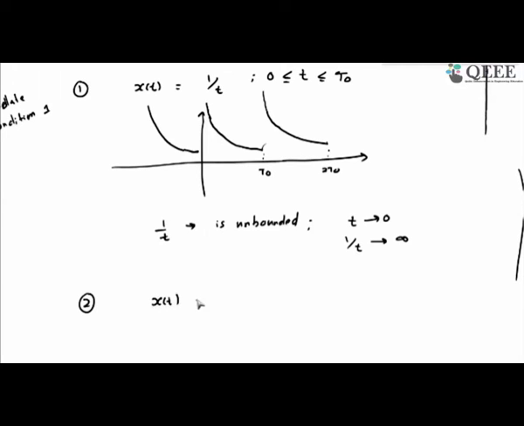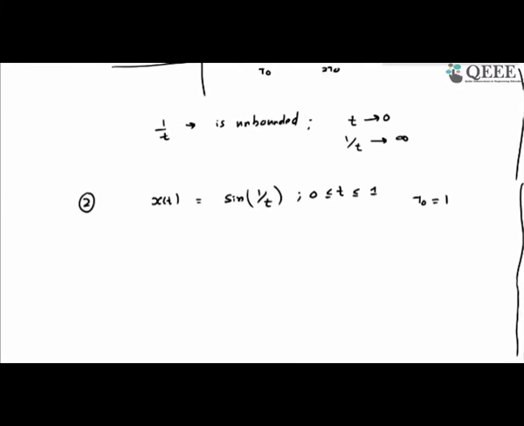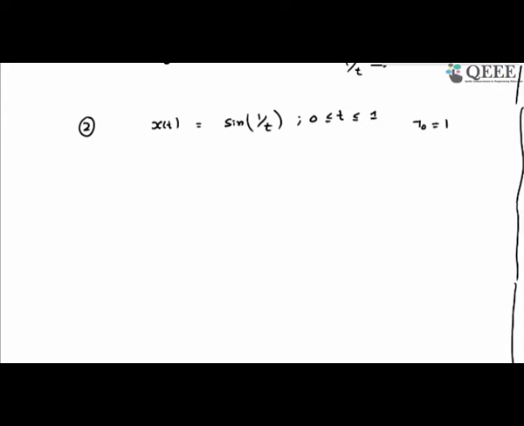Now let us see the second function, x of t is sine of 1 by t, for 0 less than or equal to t less than or equal to 1, and then it repeats. So t naught equal to 1. It repeats after every 1 second. Whatever happens in the first 0 to 1 second, it repeats.